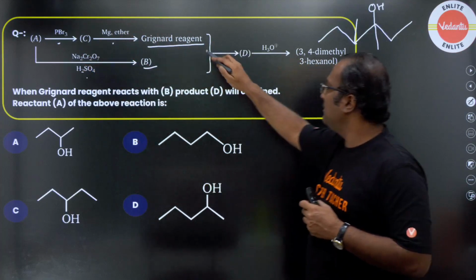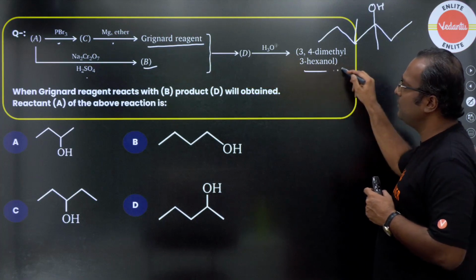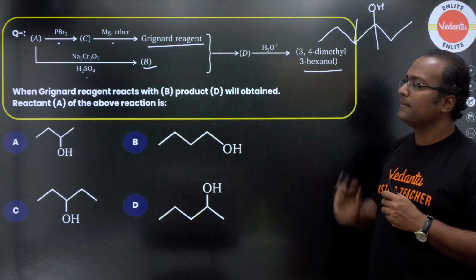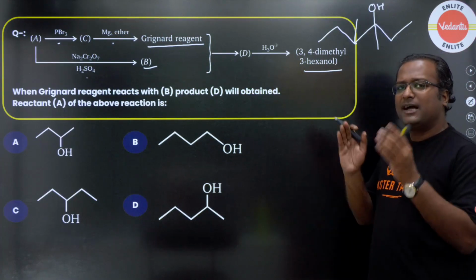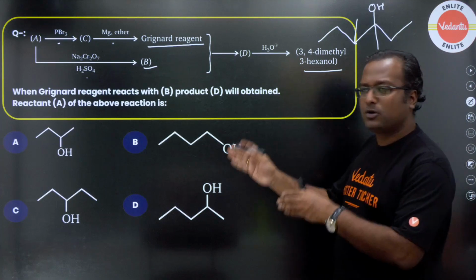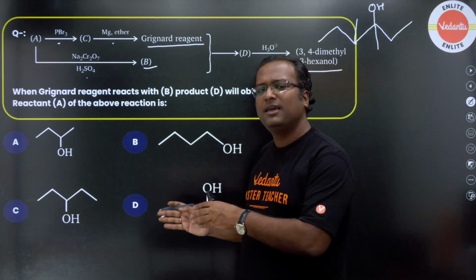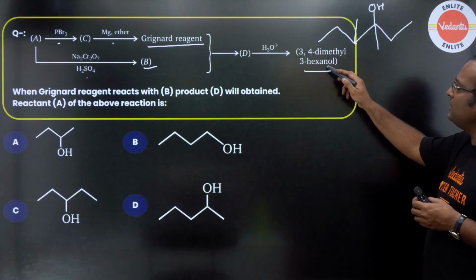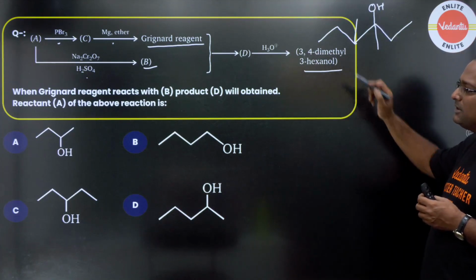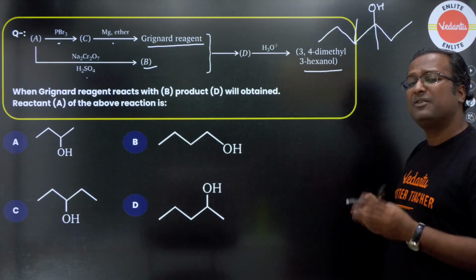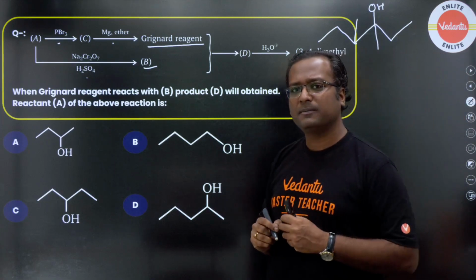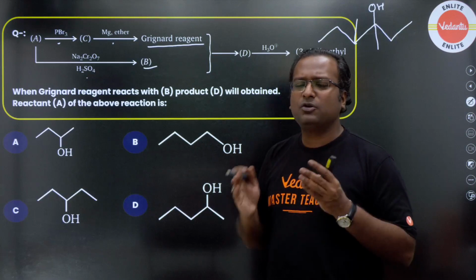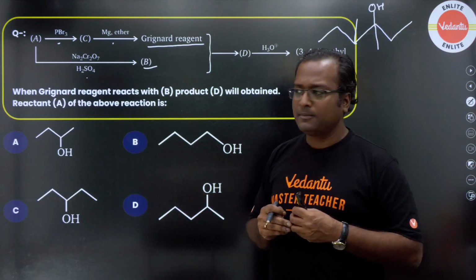So whatever carbon you are getting in the final compound is coming right from A. We convert A into Grignard, we convert A into B, and then we react them together. So how many carbons do we see here? 6 plus 2, 8 carbons. Your reactant A should definitely have 4 carbons. Because 4 plus 4 will give you 8.